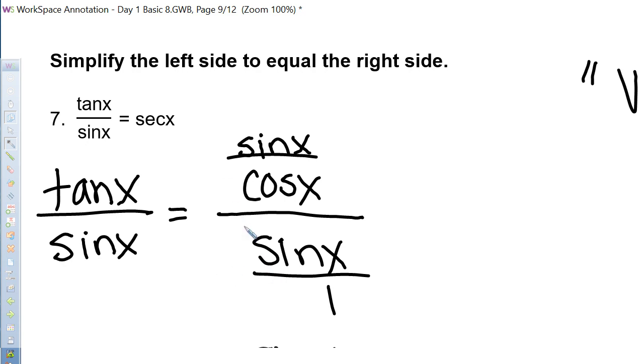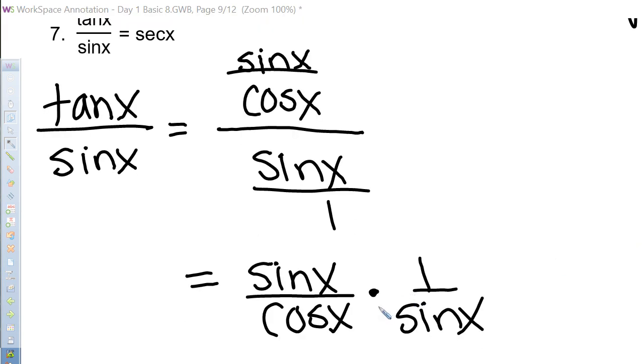And instead of dividing by sine of x over 1, what could I do? Multiply by 1 over sine of x. What happened? Sine of x in the numerator, sine of x in the denominator, they're a factor of 1. We no longer have them. And what's left for the numerator? In the numerator, 1. What's left in the denominator? Cosine of x.